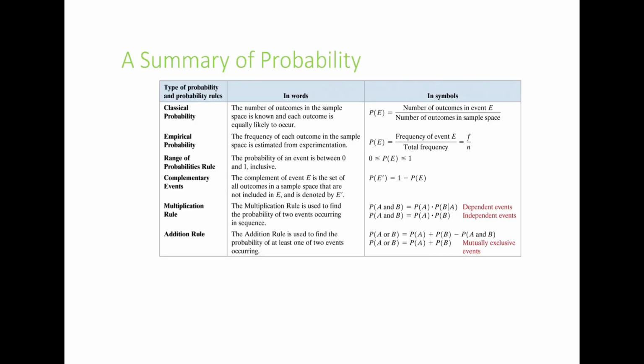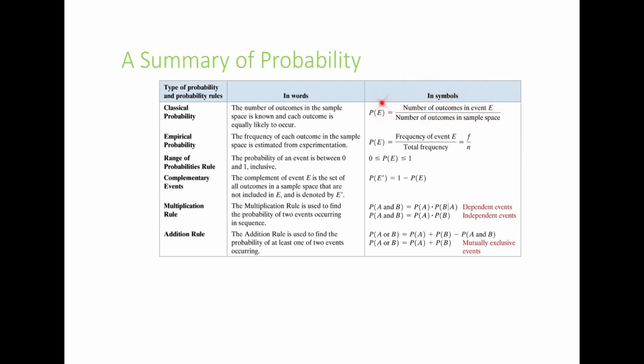So let's look at the summary of some of the equations that we have looked at so far. We start out with just the classical probability. And this works if each outcome is equally as likely to occur, right? Rolling dice, tossing coins, all those things, they're equally likely to occur. All we have to do is count the number of outcomes in event E, right?